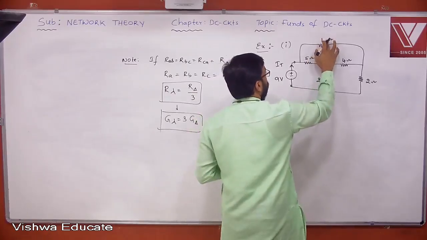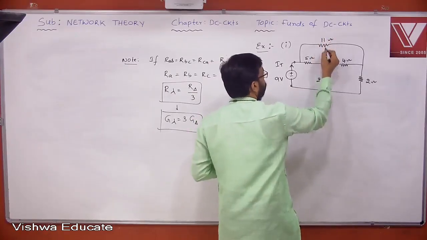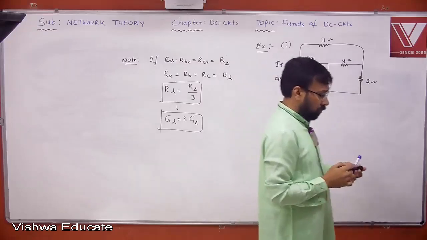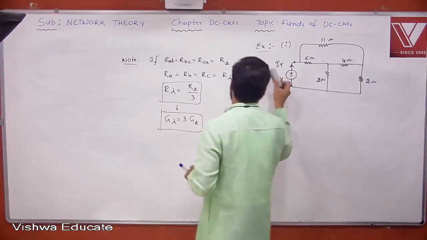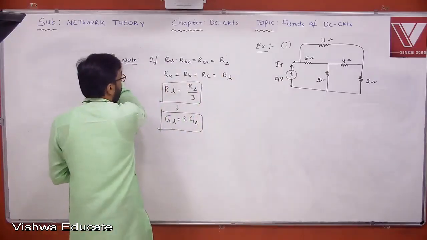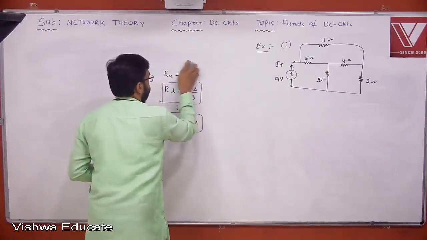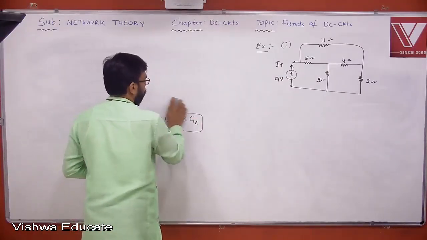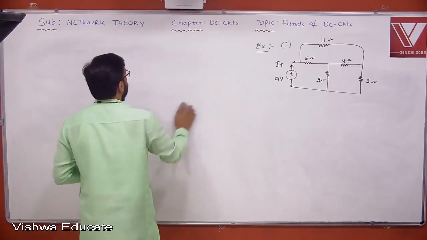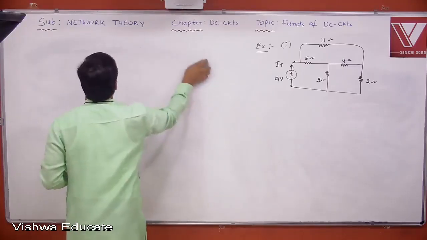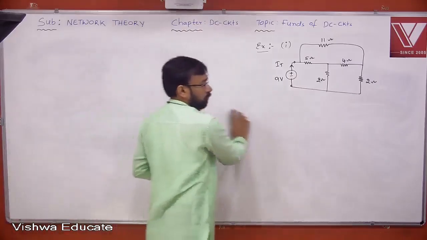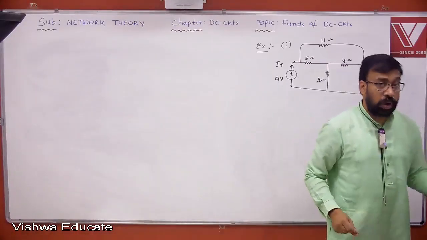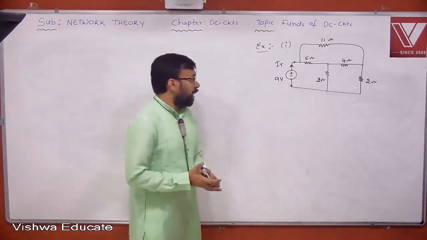Let's take it 11 ohm. Let us try to find the current IT. What is the IT value? It's an example.